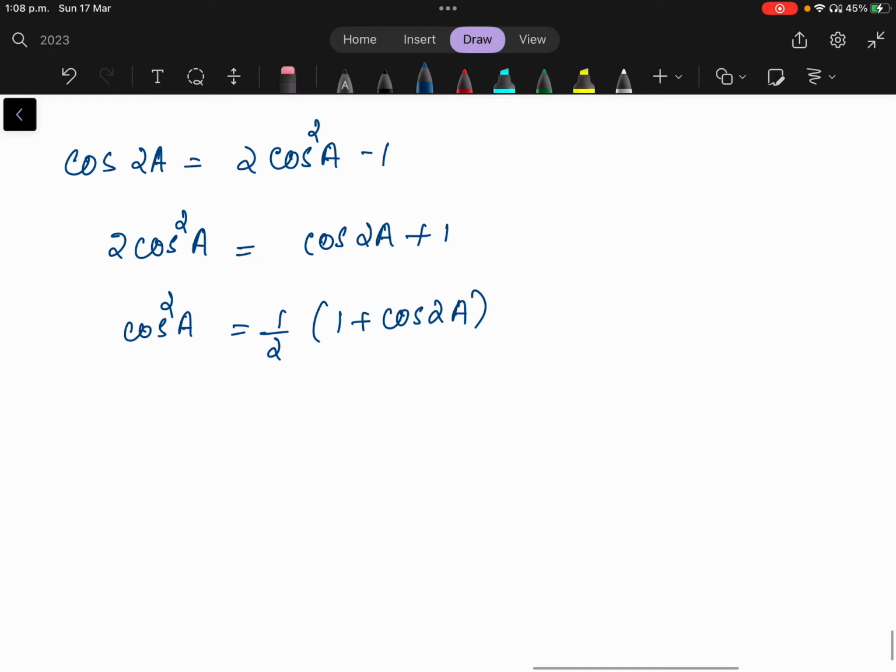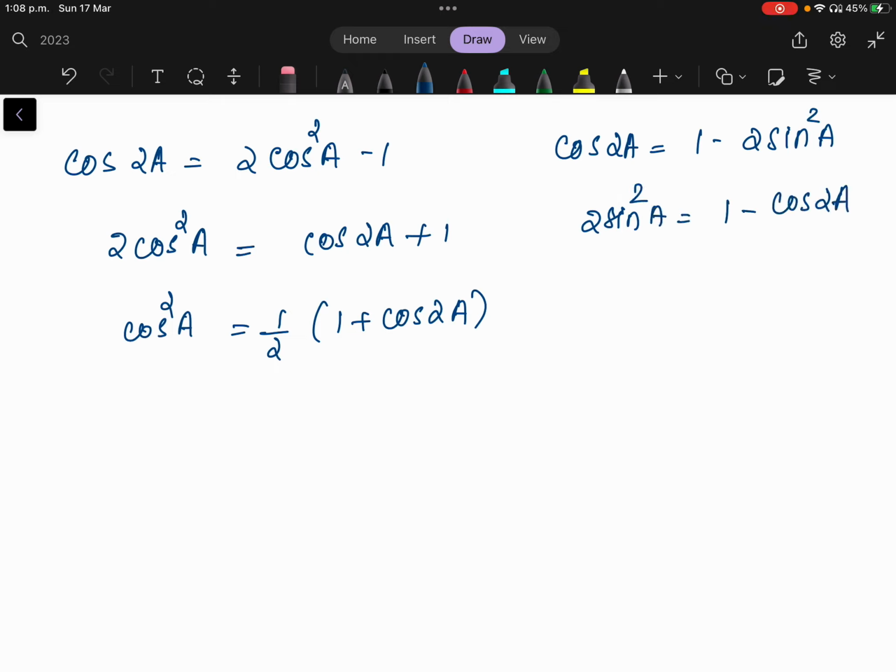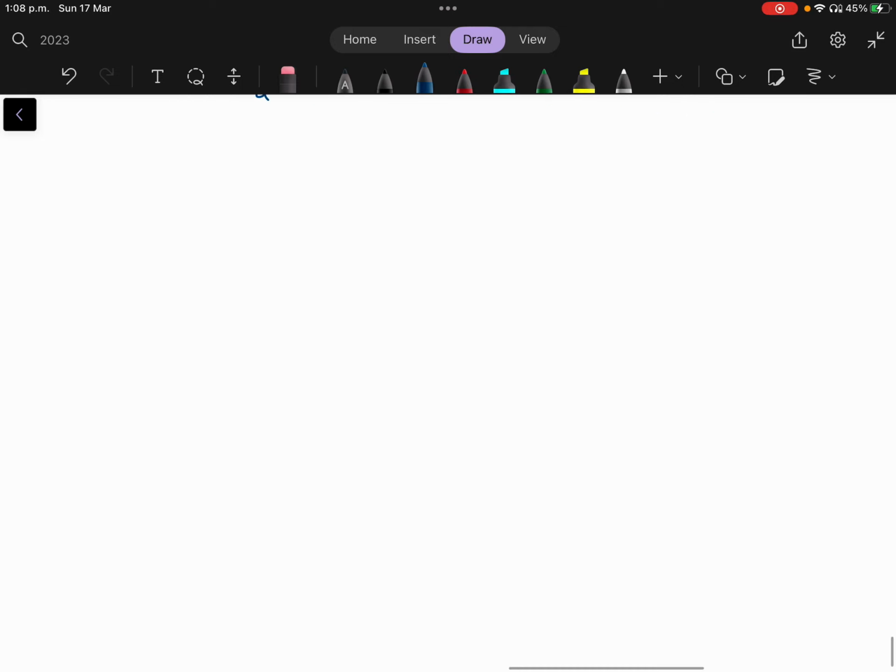Similarly, cos 2A is equal to 1 minus 2 sin square A. Bringing 2 sin square A to this side, that will become 1 minus cos 2A. It's all simple algebraic manipulation. You can manipulate these equations like this and derive certain things out of that. That is it.